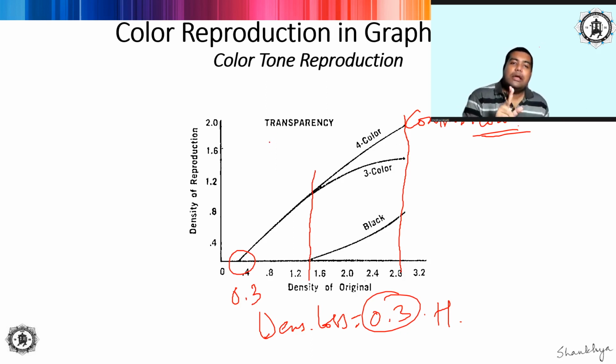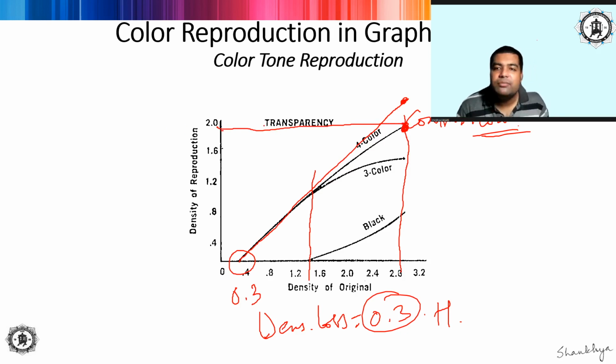Now, it's a very important thing that this curve is there. Normally, what would have been the ideal nature of the curve? Somewhat like this. But ultimately, even your four color realistic reproduction is maybe capped at 2, right? It is maybe capped at 2.